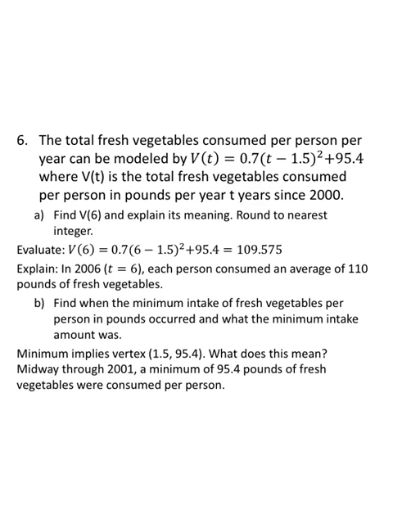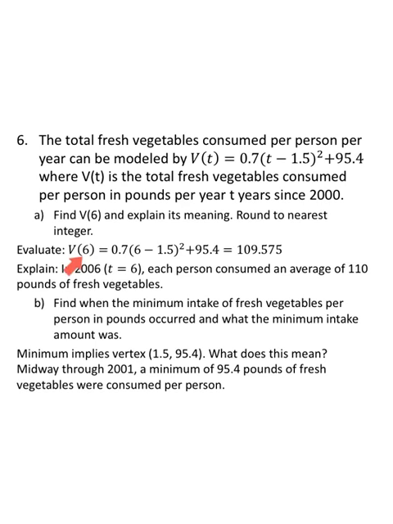Alright, so first of all, let's find V of 6. Where there was a t, I'm replacing it with a 6. And I don't see any no-calculator stuff here. I'll type that into my calculator, and I'll get 109.575. But what does it mean? Let's explain this.